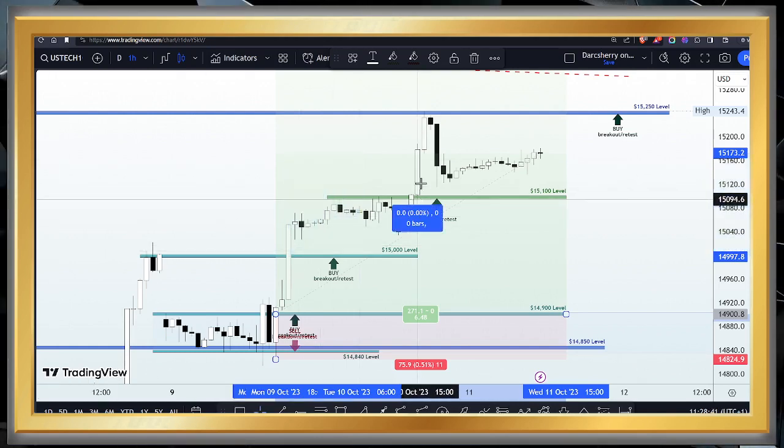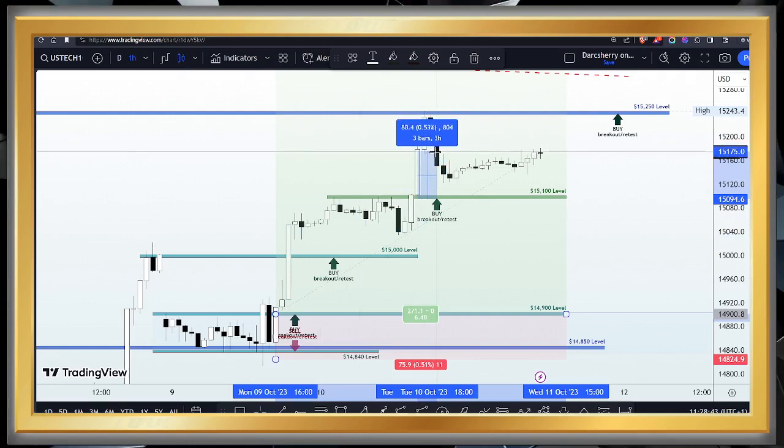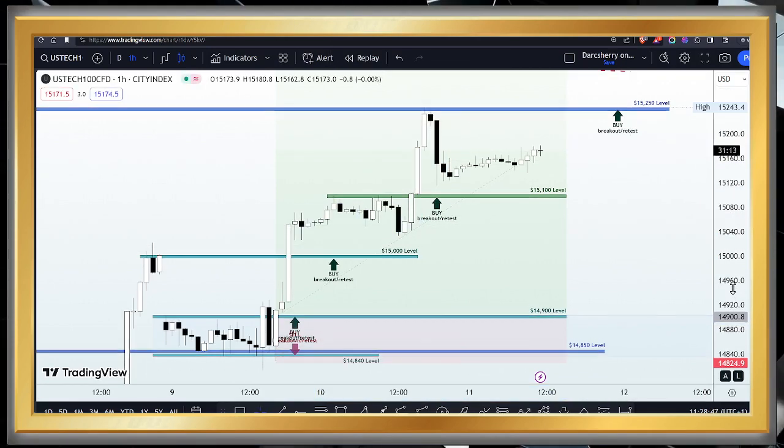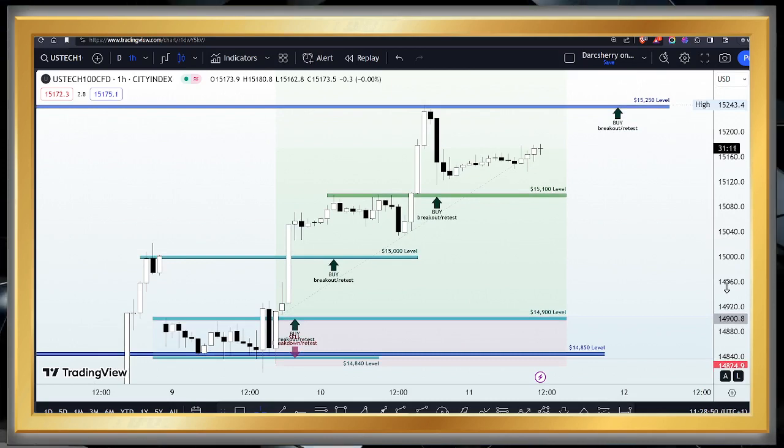Then for the third position here, we have about 80 pips running in profit. So on total, we have over 500 pips running in profit on the USTech100, at least for the first half of this week. And that is not a bad figure at all. So once again, congratulations to everyone who has been part of this profitable journey.